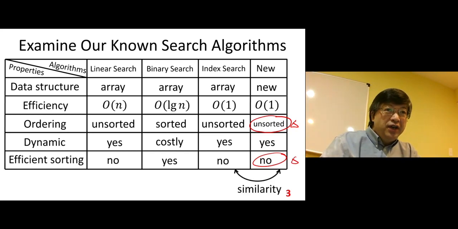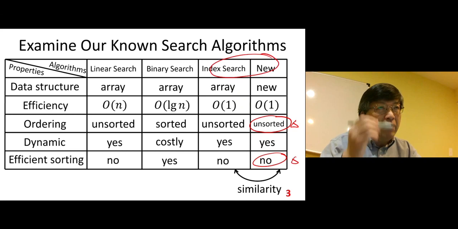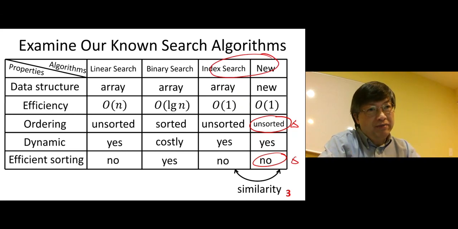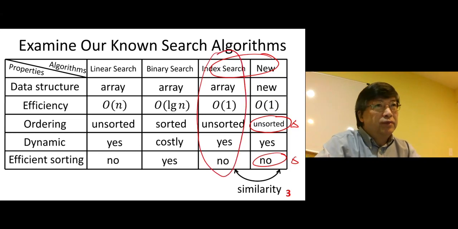Now you can see there is a similarity between index search and our new search algorithm. That means we should use the index search as our starting point to design this new data structure.